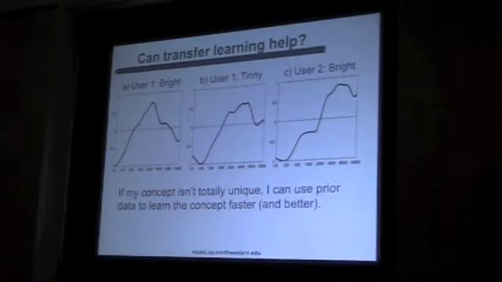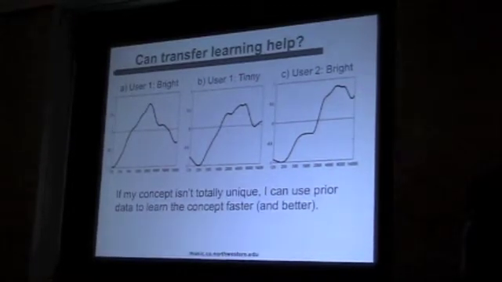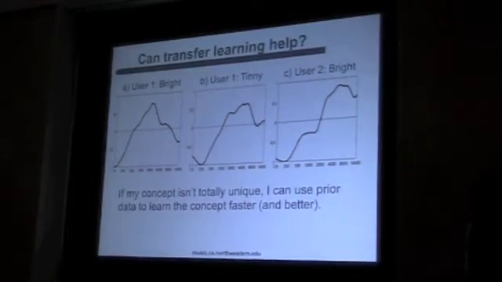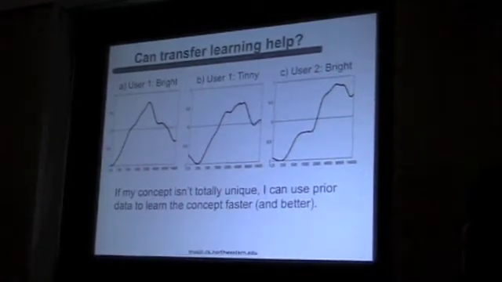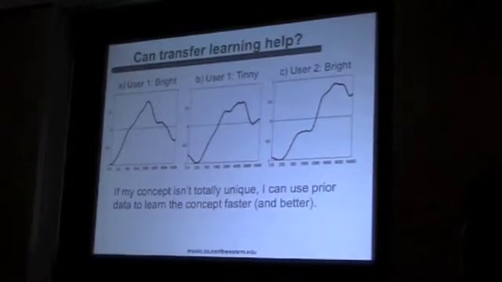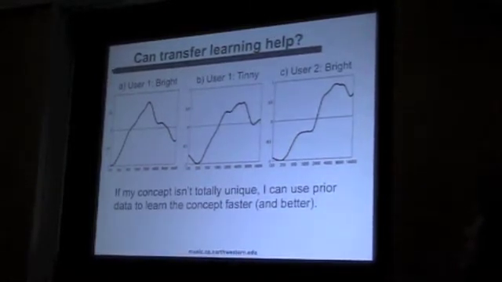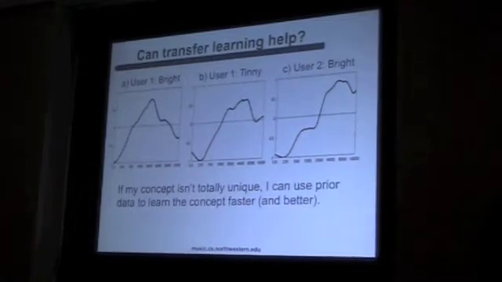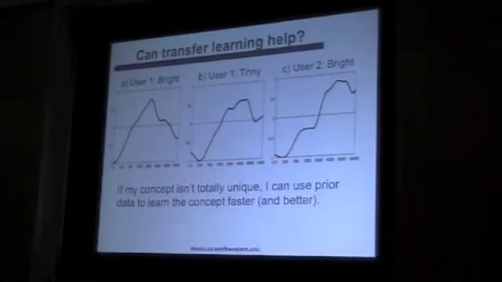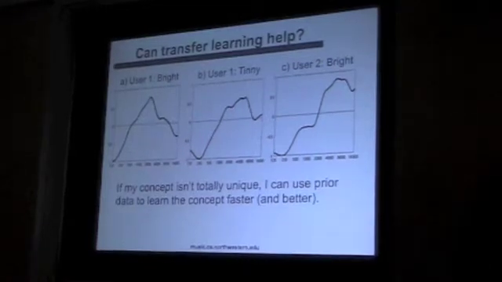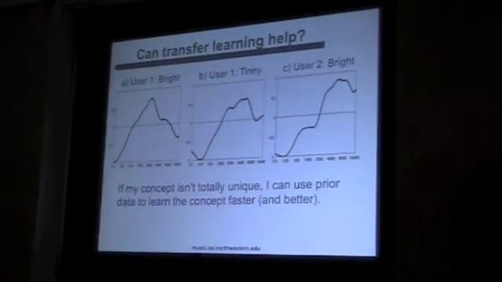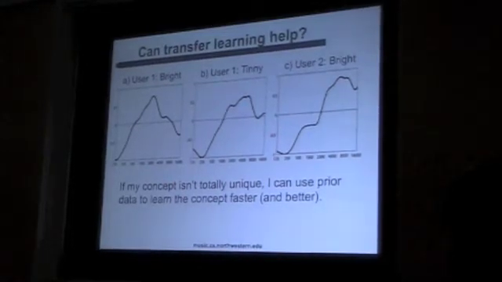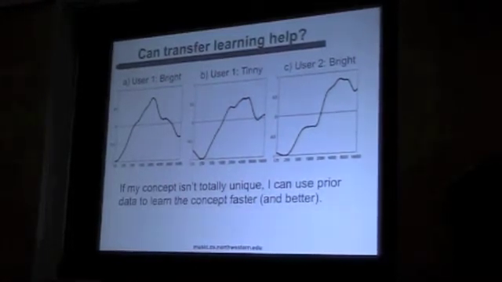So these are actually 3 different equalization curves taught to our system by 2 different people. And one thing I just want to point out is, although each of us has our own unique idea of what makes a sound tinny or bright, our concepts are often related, even if not identical. But that relationship isn't always as clear as you might expect. For example, these three here, I would argue that user 1's tinny looks more like user 2's bright than user 1's bright does.